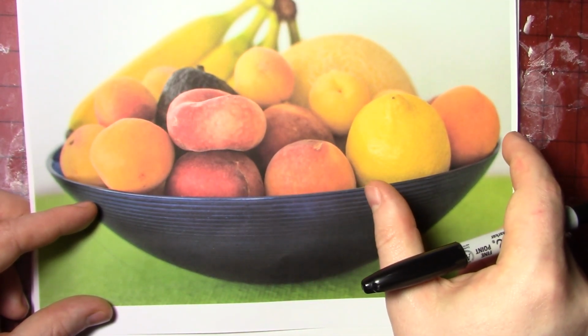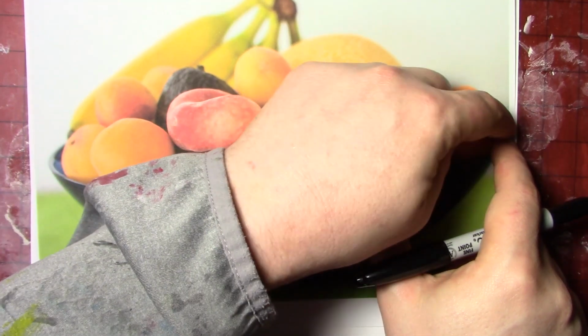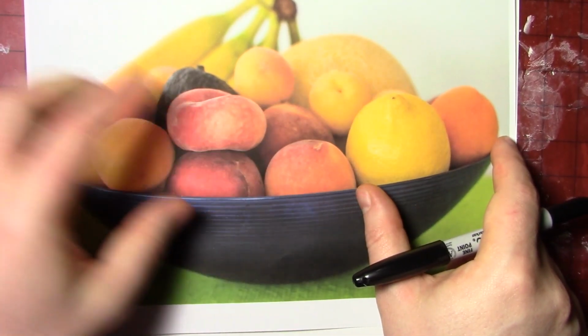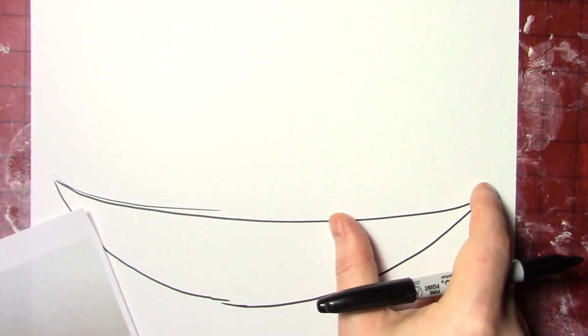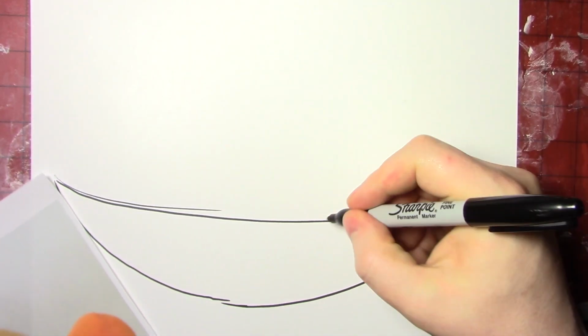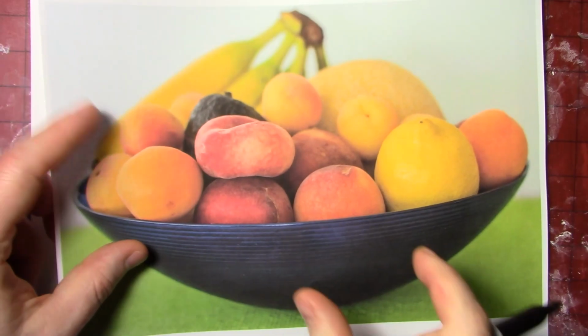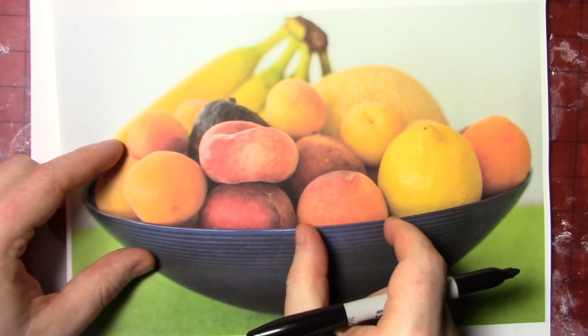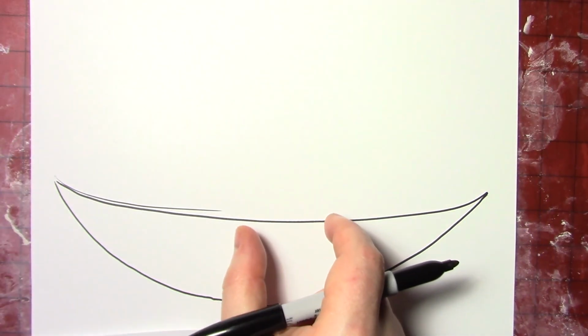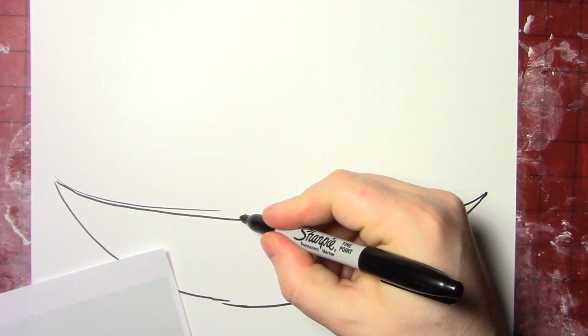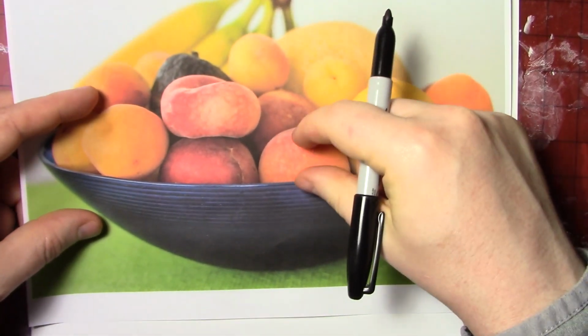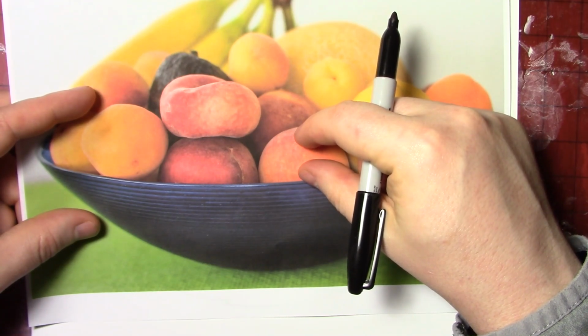First thing I'm going to do is figure out how far across from the end of the bowl to the edge of that fruit. I'm going to mark that here on my page. Then I'm also going to measure how wide is that piece of fruit. Mark that here on my page. Then I'm also going to measure how tall is the part that I see.